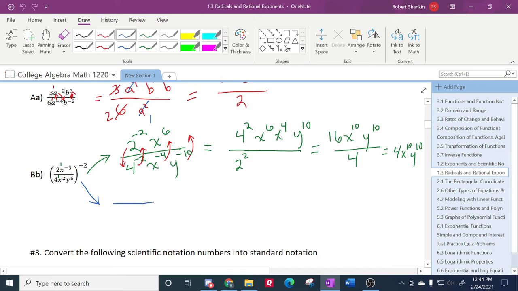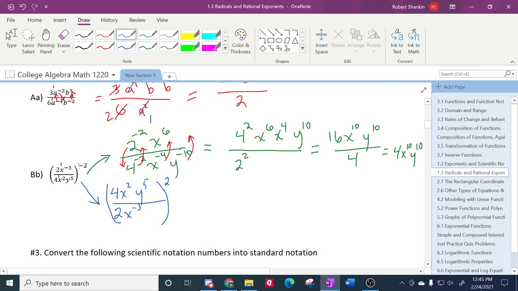So what I'm going to do is leave everything inside exactly the same. 4x squared y to the 5th, but I'm writing what was on the bottom up on the top, what was on the top down at the bottom, and then instead of to the negative 2, it's going to be to the positive 2.